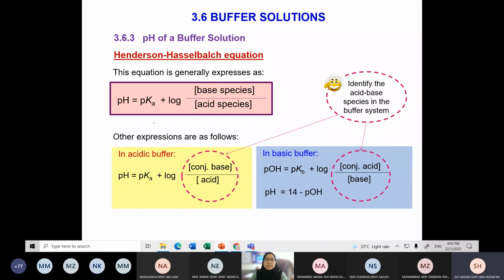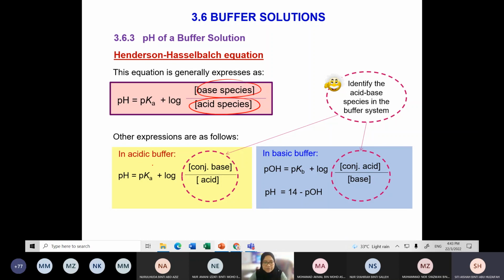Normally the pH equation is generally expressed as pH equals pKa plus log base on top, acid at the bottom.